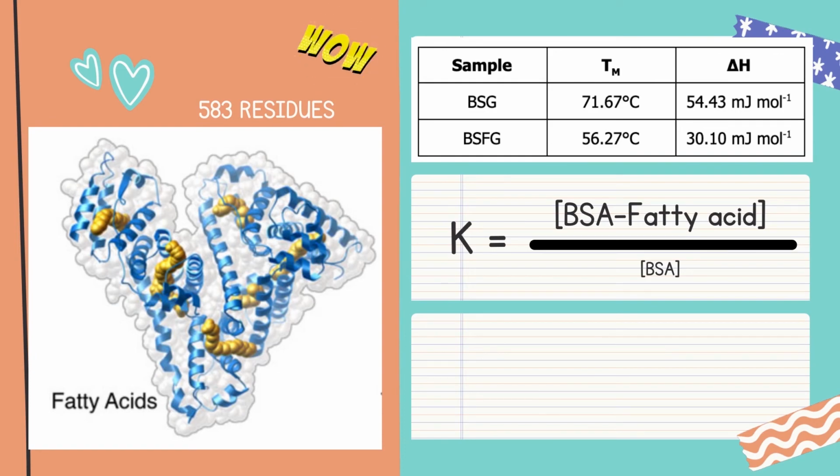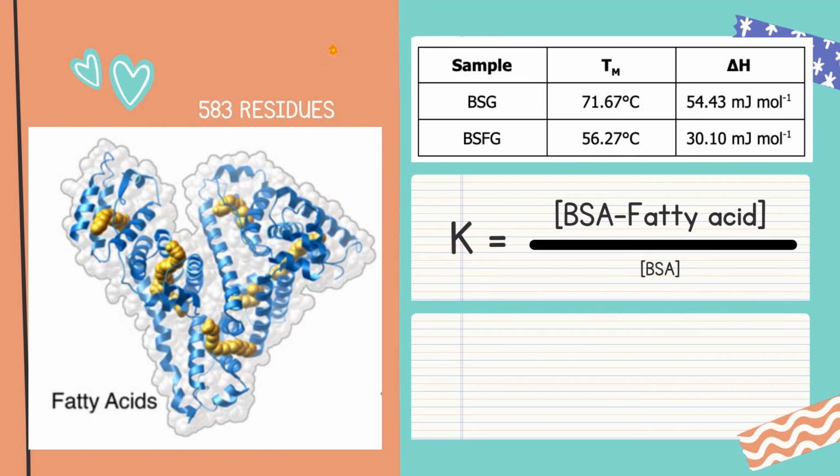In fact, it can carry up to 7 fatty acid molecules at a time and transport it to adipose tissues or to distant parts of the body when needed. In comparison to the size of BSA, which is about 583 residues long, the contribution of the bonds of the fatty acids and the coordination of the active site to each of the 7 molecules should be negligible.